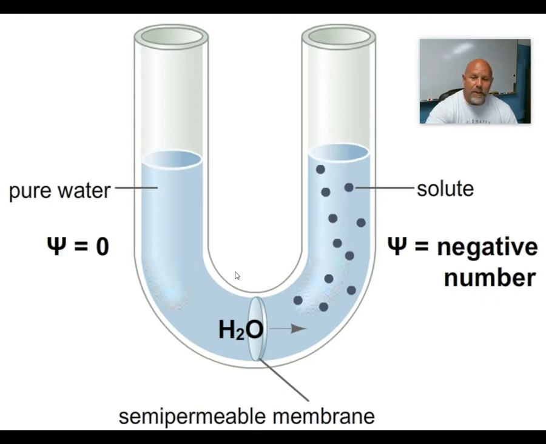Well, water always wants to move from the higher, 0, to the lower, the negative number. So water in this case would move across the semi-permeable membrane in this direction. It would raise this side up and lower this side over time. Obviously, your force due to diffusion and your force due to gravity are going to balance out at some point. But water would move from this side over to this side.